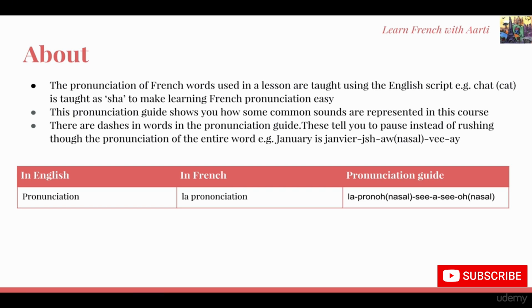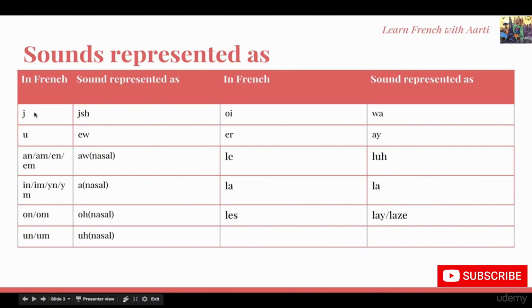Now, let's look at the sounds and how they're represented in the pronunciation guide. The first one, J, is represented as JSH. U is represented as EW.